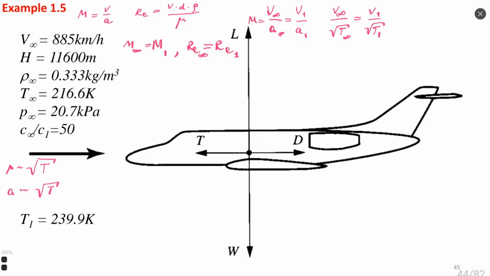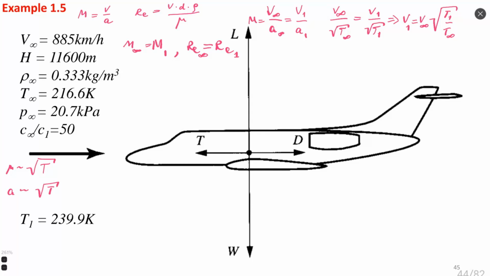So from this relation, we can see that V1 would be equal to V infinite, multiplied by square root of T1 divided by T infinite. I hope it's correct.